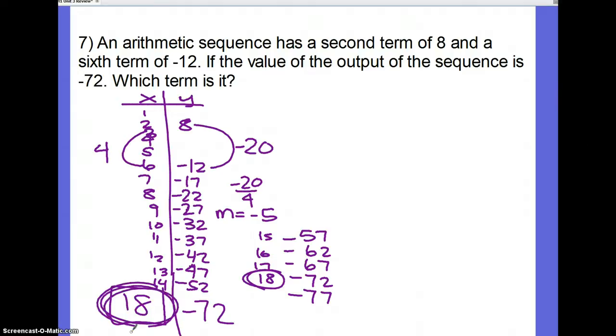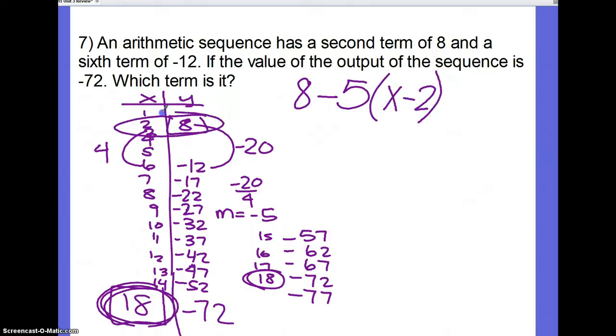Again, we could set this up as an equation. The second number is 8, and it is subtracting 5. And I would put x take away 2 because we are using the second number. And I would equal that to negative 72. I would distribute. I get negative 5x.